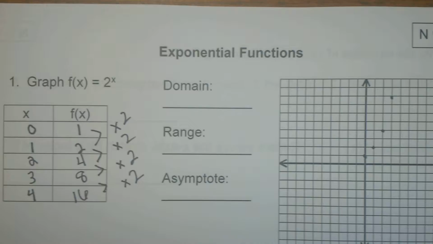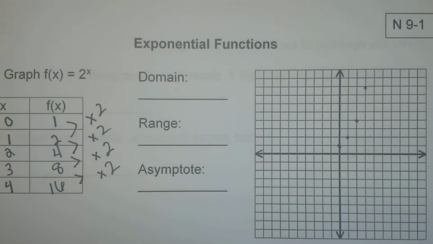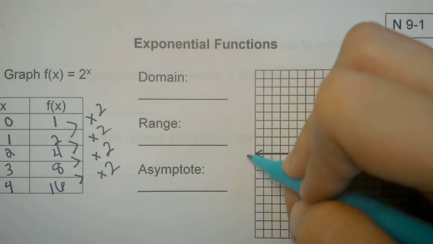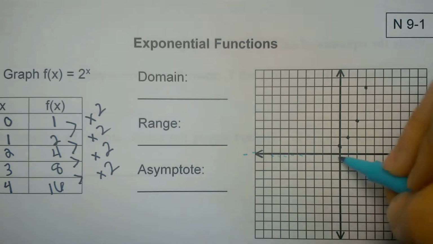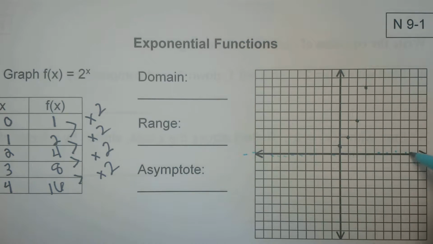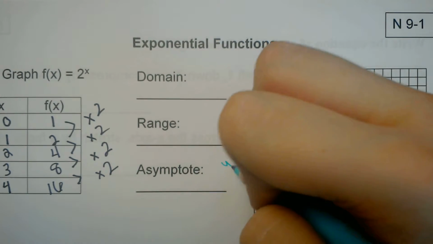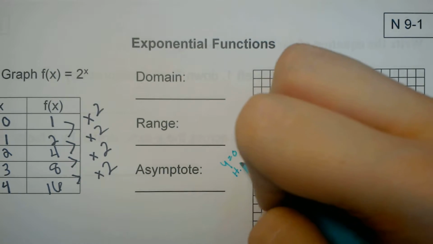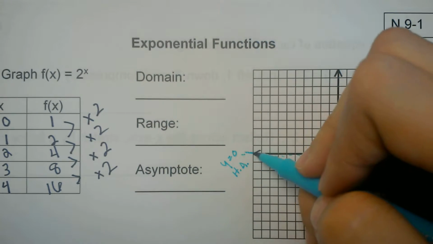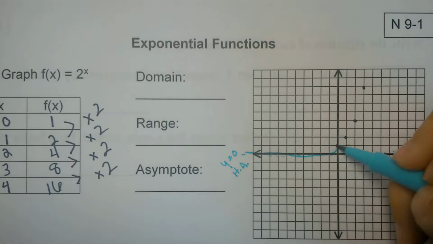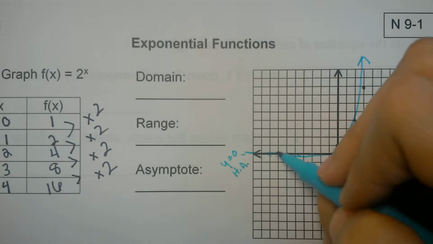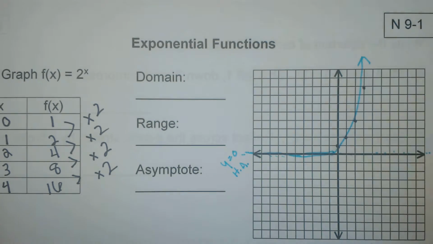So we talked about having a horizontal asymptote at the x-axis. So the graph starts here and goes up. It doesn't cross there. It just kind of goes along the x-axis and then shoots up.